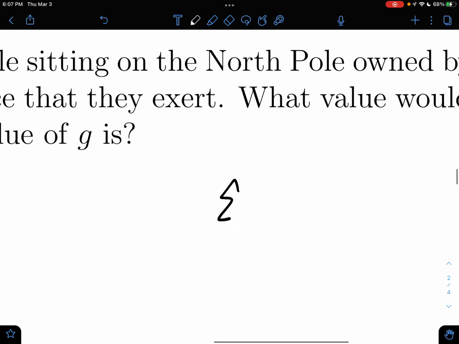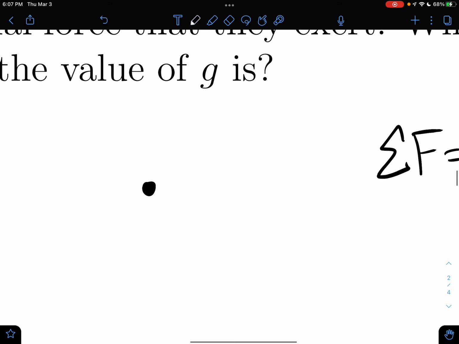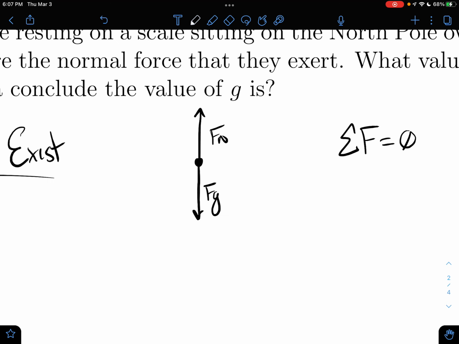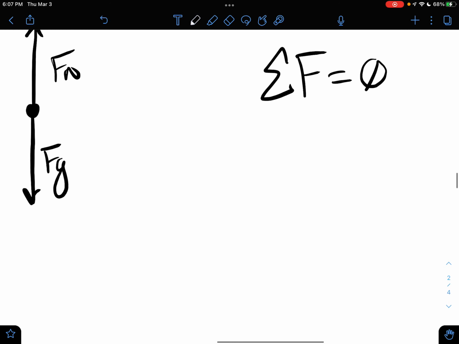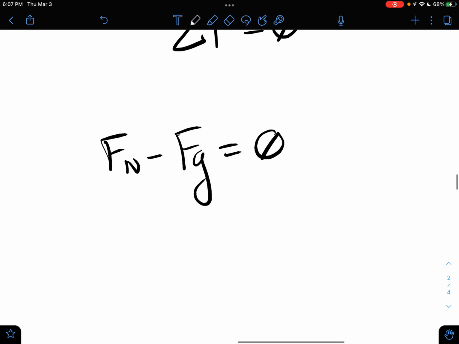So for this one, we can say the sum of the forces is zero. Our person standing here has a normal force acting up and an FG acting down. Our normal force acting up minus our gravity acting down has to equal zero, so their magnitudes are equal.